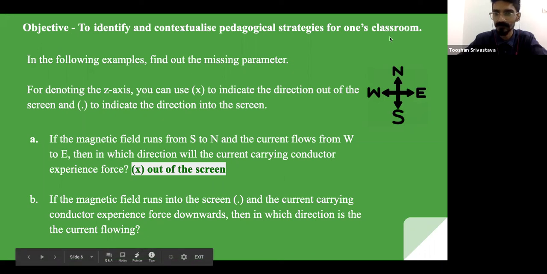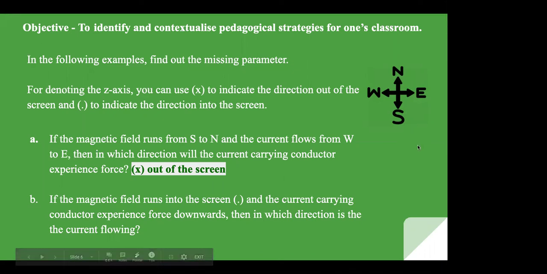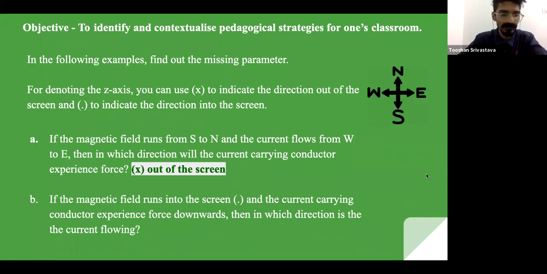This is a different setup from the previous one, but we have to use the same Fleming's left hand. Okay, Sangeeta, may I request you to answer this?